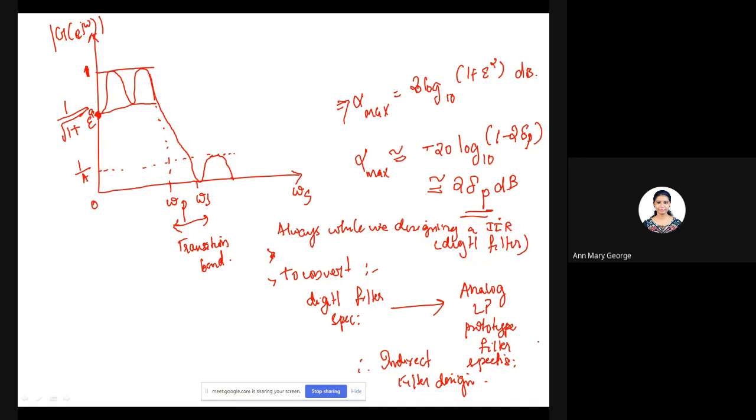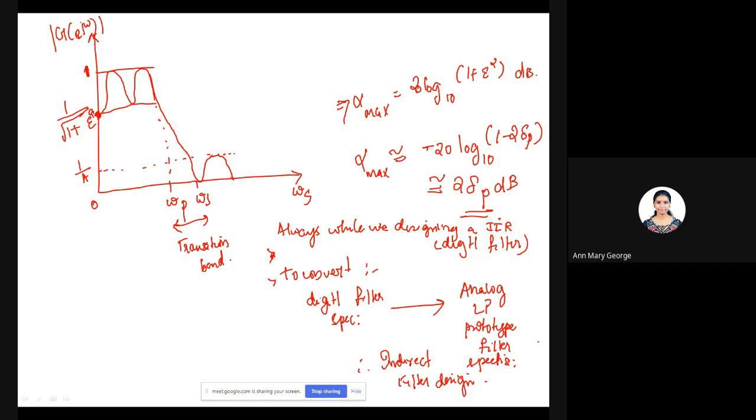Here the given specification for IIR is converted to the analog filter specification. Therefore, this is also known as the indirect method of designing, while FIR is the direct method of designing.